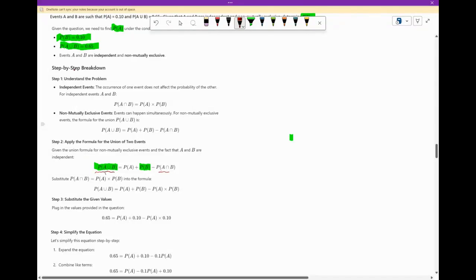So now, because they're not mutually exclusive, they say non-mutually exclusive. I think it's easier to say not mutually exclusive. So in other words, they can happen independent of each other. All right, you can have both outcomes happen, or you can have one happen and the other not happen.